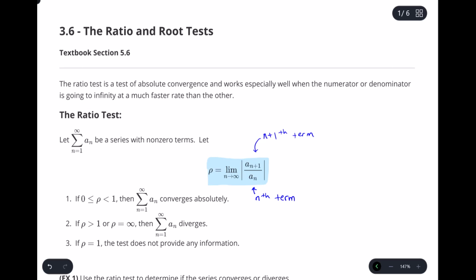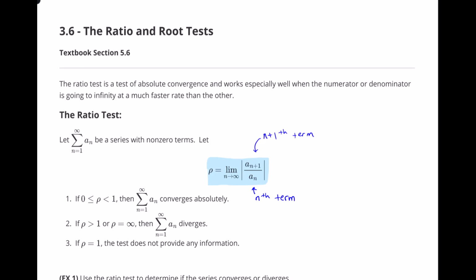So when we divide those two, we get a ratio between how quickly a sequence is increasing in value or decreasing in value. And that measure we can actually use to determine if this thing is converging or diverging.